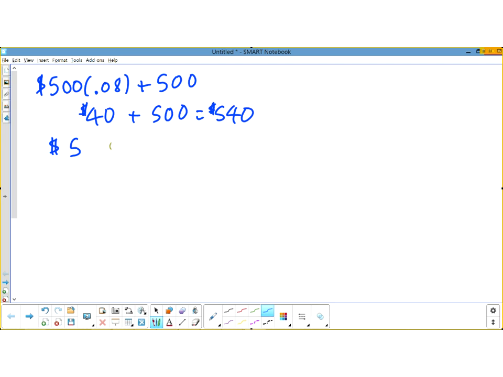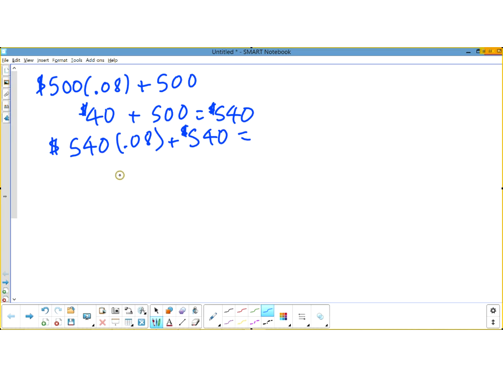Okay, so great. Now what about the next year? Well, the next year, you're going to take your $540 and multiply that by 0.08, and add that to your $540 that you started with at the beginning of the year. Now it's getting a little bit trickier. Well, 8% of 500 was 40. 8 times 4, 3.